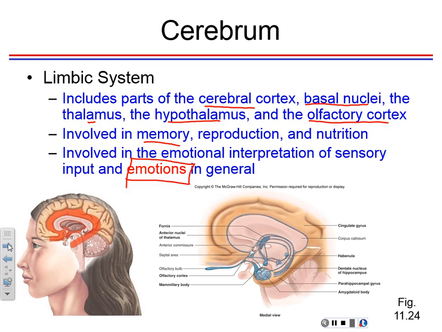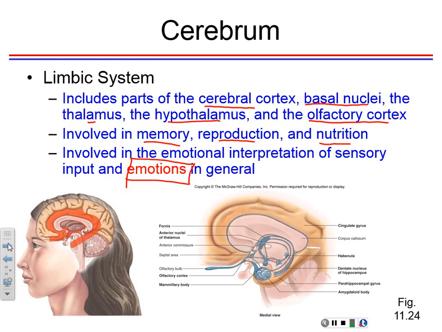It also controls reproduction, because the hypothalamus deals with reproductive hormones like gonadotropin releasing hormone, and LH and FSH cause formation of the egg cell, formation of the sperm, release of testosterone, all that reproductive function. And then of course nutrition, because it deals with the hunger center. When you're hungry, you need to eat and put in nutrients.